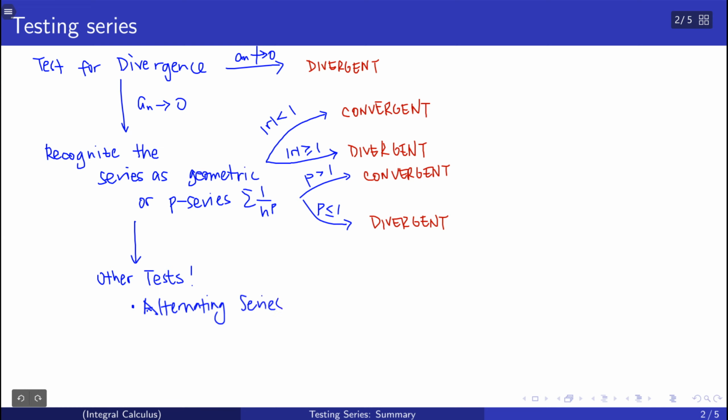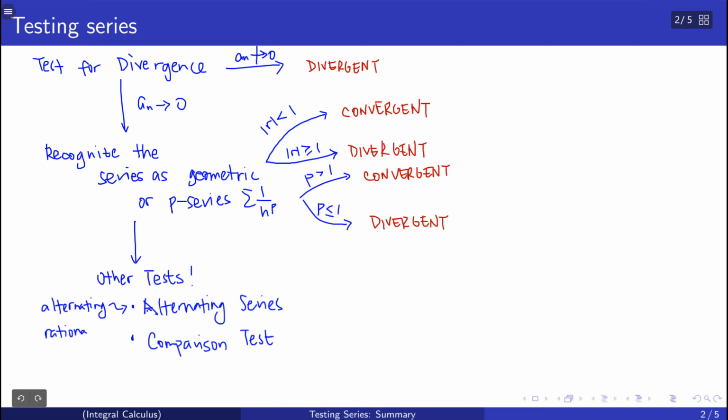If your series is an alternating series, then you try the alternating series test. And I'm not going to write down all the conditions here, but that's one thing you can try. If you have a rational function or an algebraic function, you can try a comparison test. So I'll write them down here. If it's alternating, you try alternating series test.